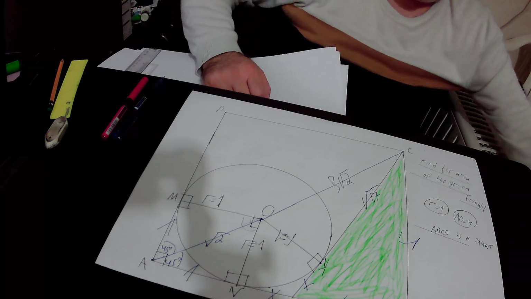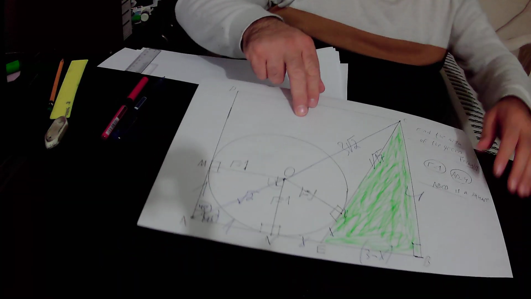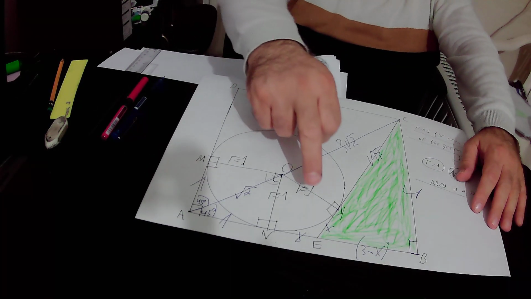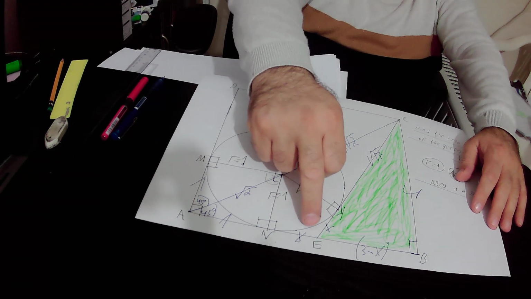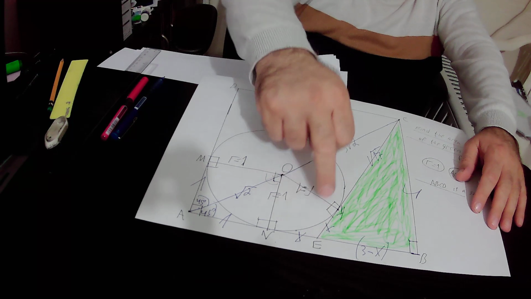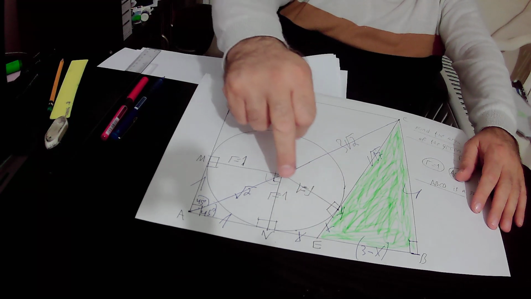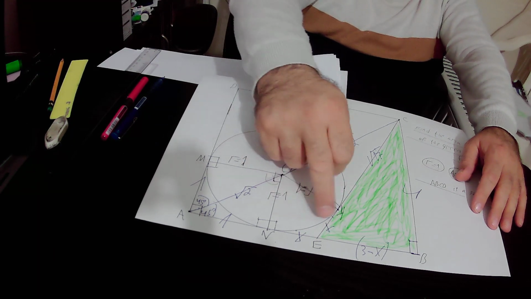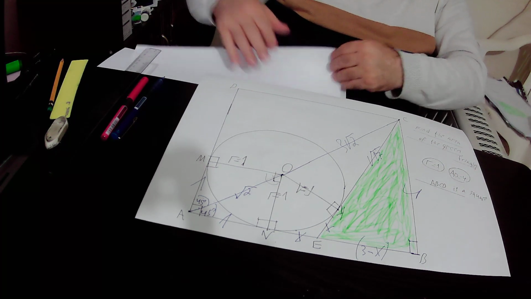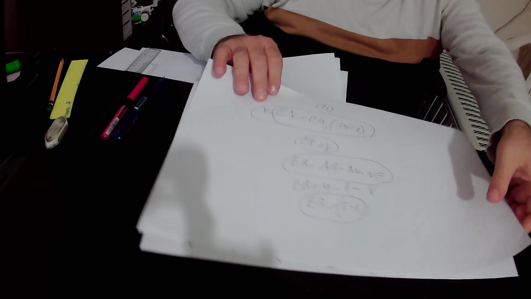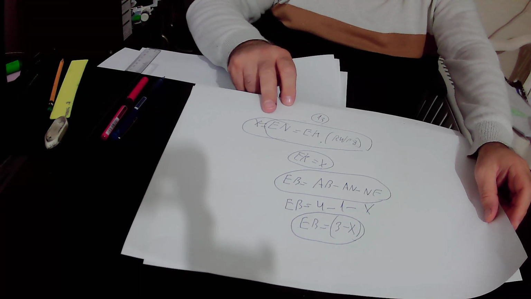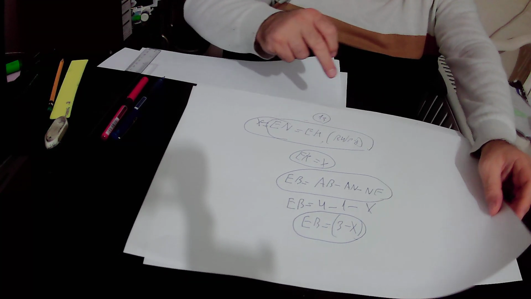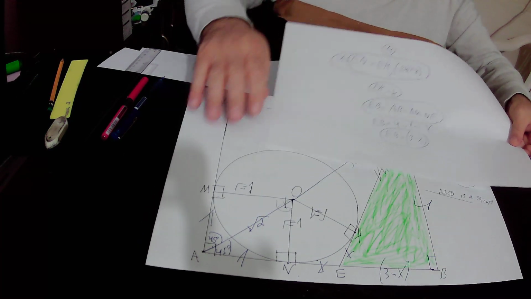And we can implement rule number 8 in our drawing, because in our drawing we have the external point E, and from the external point E we have two tangents to this circle, therefore EK will be equal to EN according to rule number 8. We defined EN as X, therefore EK will also be equal to X. And what is the size of EB?